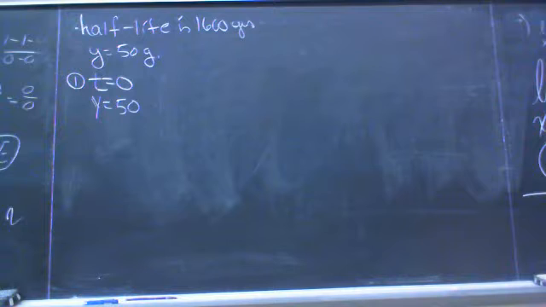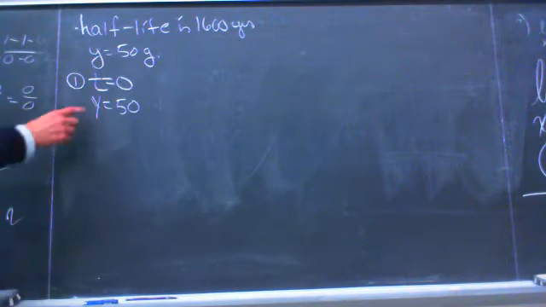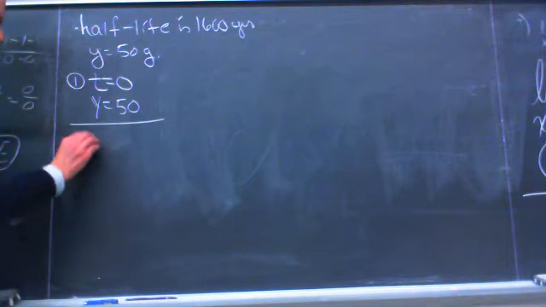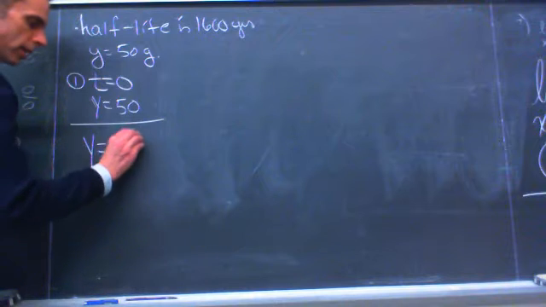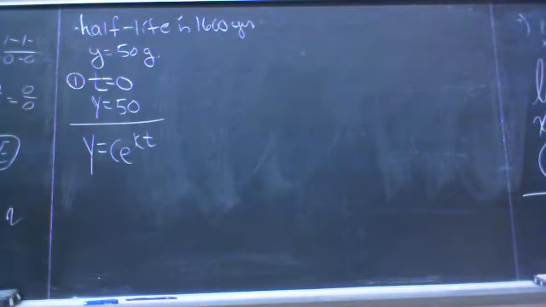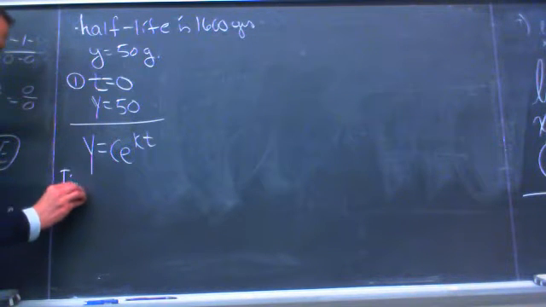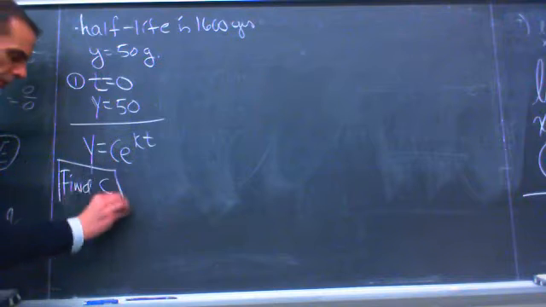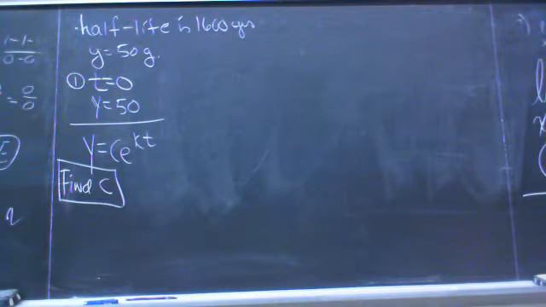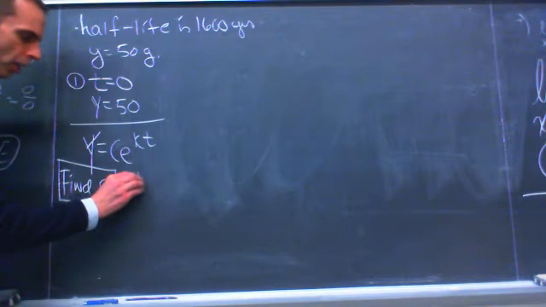Because when you're first given the amount, you can call that time 0, and you have 50 grams. That's y. So put a line, and you're always using the equation y equals C e to the kT. And in the very first step, you're going to find C. You let y be 50 because that's what you started with.